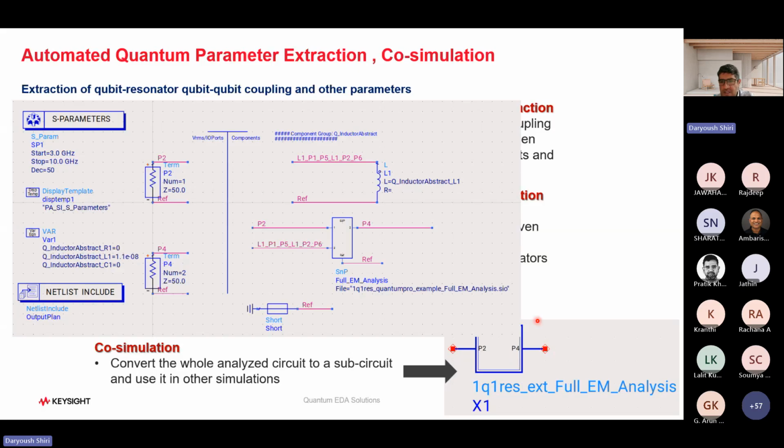And inside this black box, you will see just ports and then an abstract element, which is replacing the Josephson junction, and the rest are just S parameters based on the simulation.